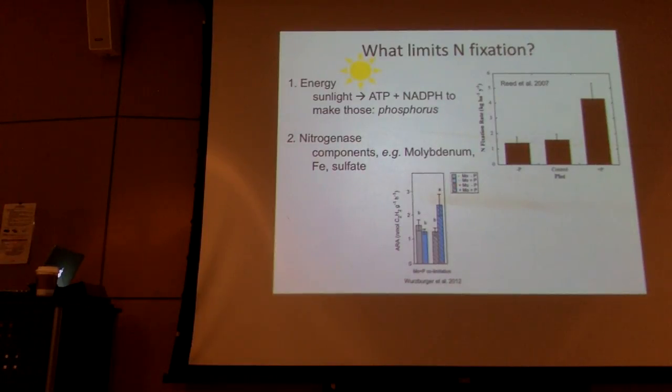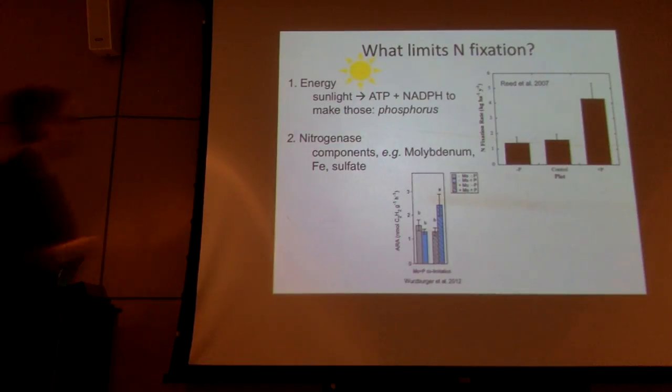Nitrogenase is made from a bunch of sort of common stuff that's around, but one of the elements that is less common and used in fewer organic reactions is molybdenum. This is the one that I told you I will always say slowly because it's hard to say. Iron and sulfate are also components of nitrogenase, but they're quite a bit more common. If you restrict molybdenum, you can't make a ton of nitrogenase.